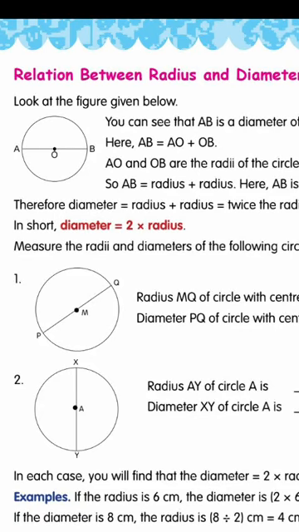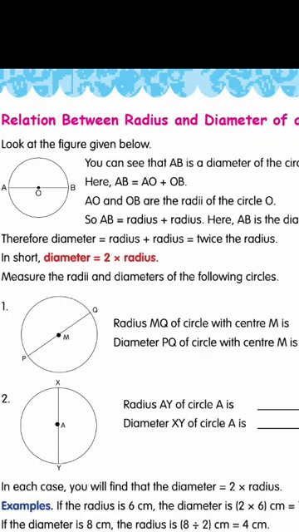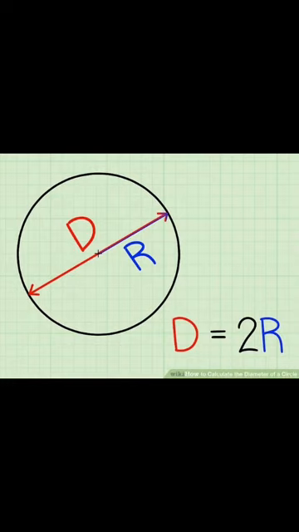Again, look at the figure given below. You can see that AB is the diameter of circle O. Here AB is equal to AO plus OB. AO and OB are the radii of the circle. So AB is equal to radius plus radius. Here AB is the diameter. So what we get? Diameter is equal to radius plus radius, which is equal to twice the radius.